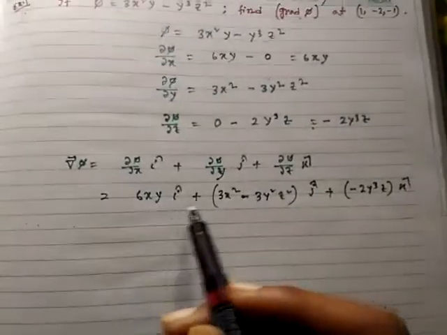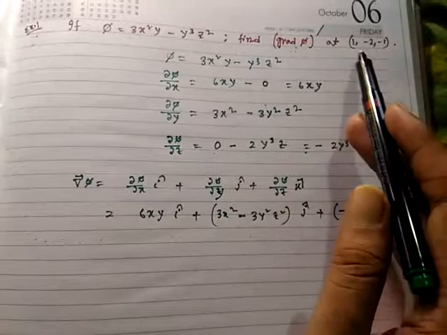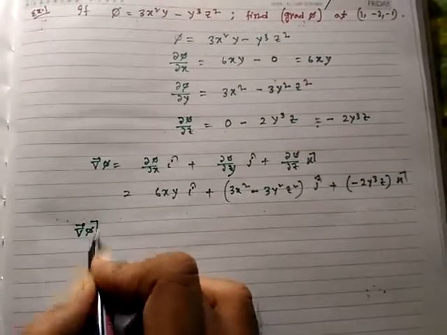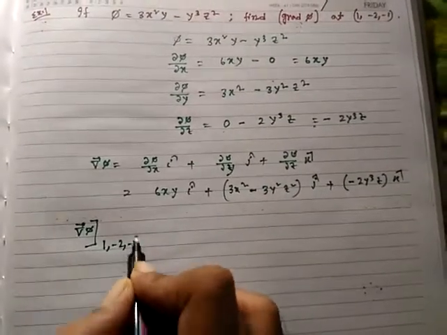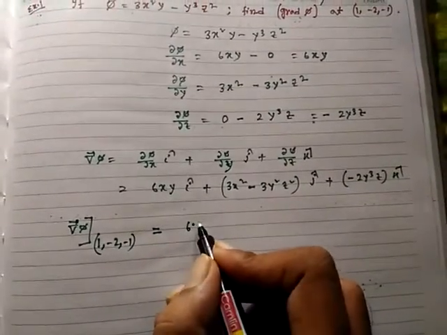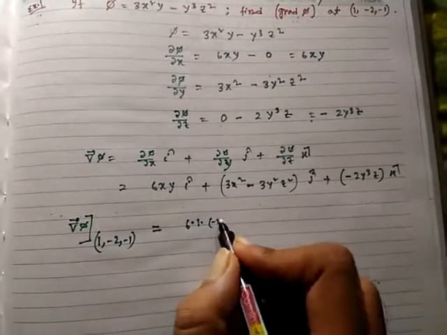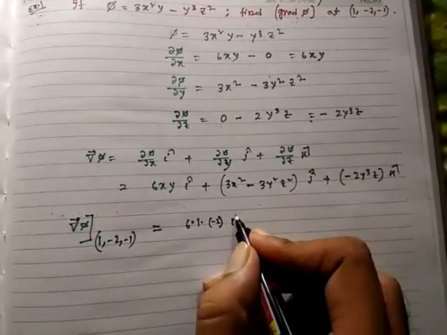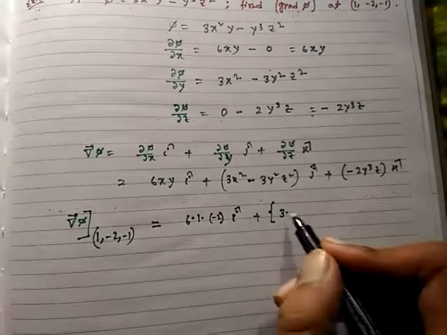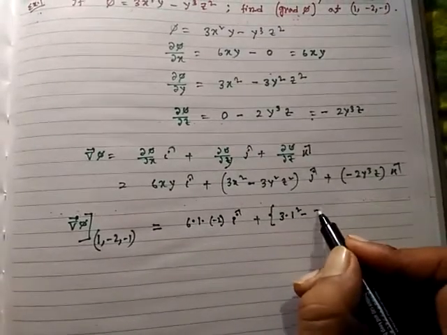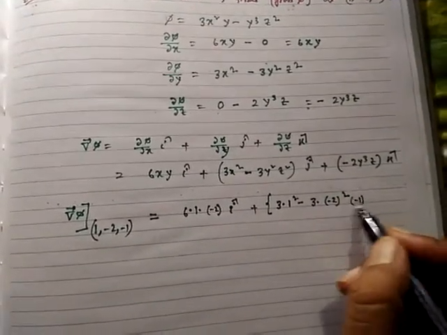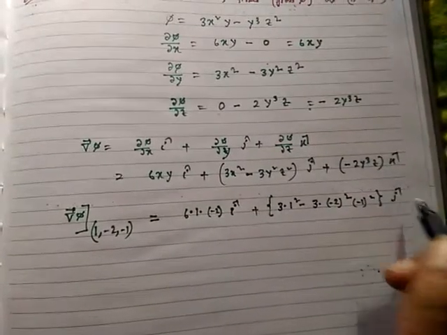Now we have to find out this grad phi at the point 1, minus 2, minus 1. So grad phi at the point 1, minus 2, minus 1 will be 6 into 1 into minus 2 i hat plus 3 into 1 square minus 3 into minus 2 square into minus 1 square j hat.